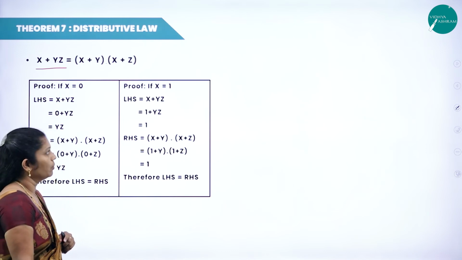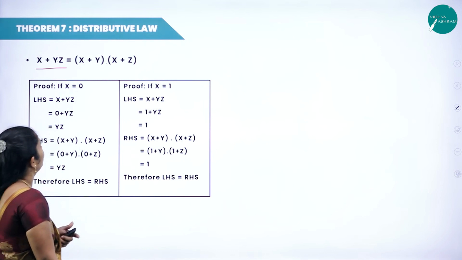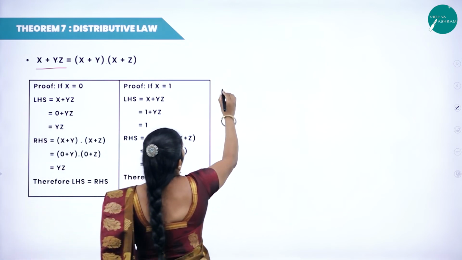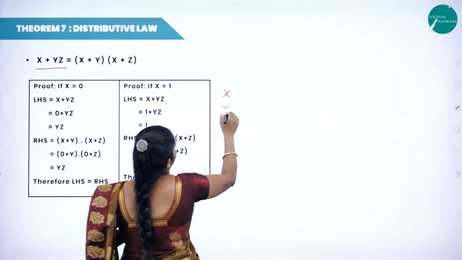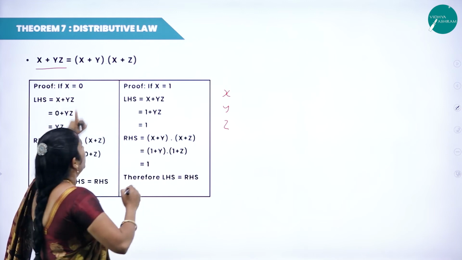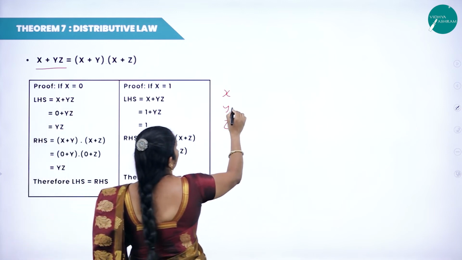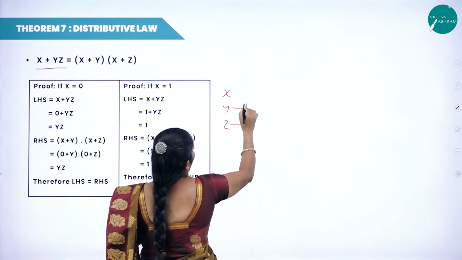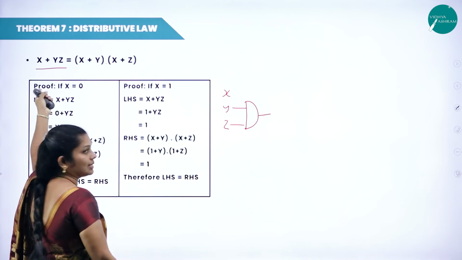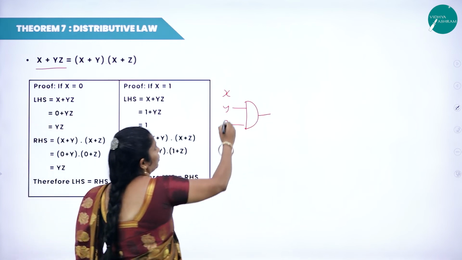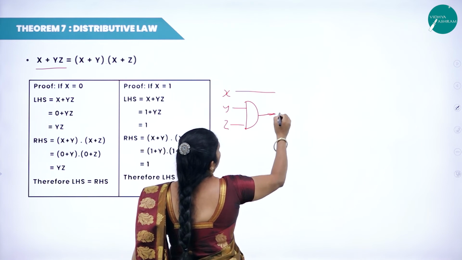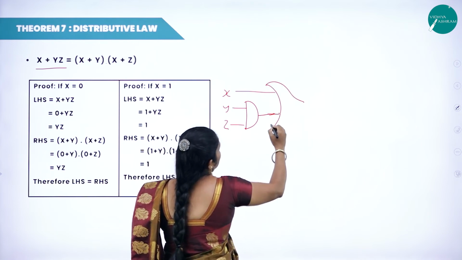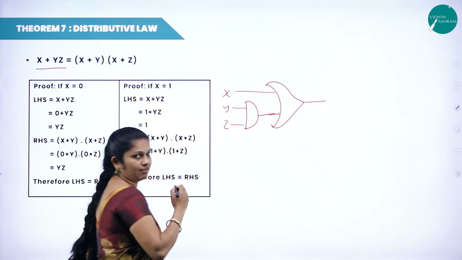Second distributive law. Then how to write the symbol for this one? See, in the first part we have x and then y and then z. YZ we have, YZ means here we will write the D shape. Then this is connected with the OR operation. Then whatever inputs we have here, these two I'm going to connect with once again a reverse C shape. The first part we have completed.